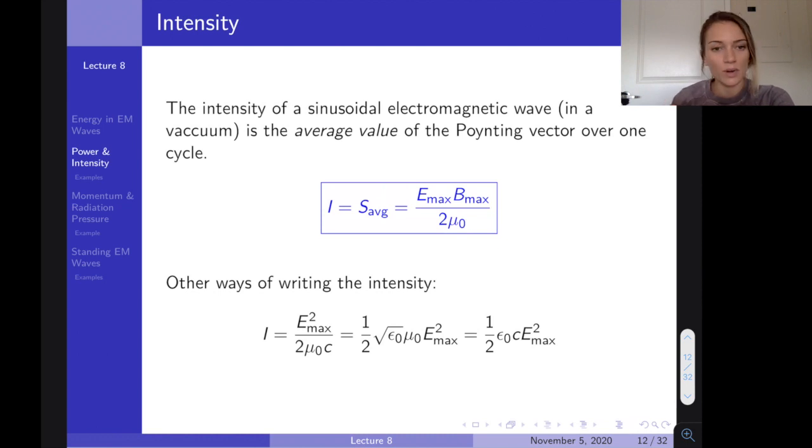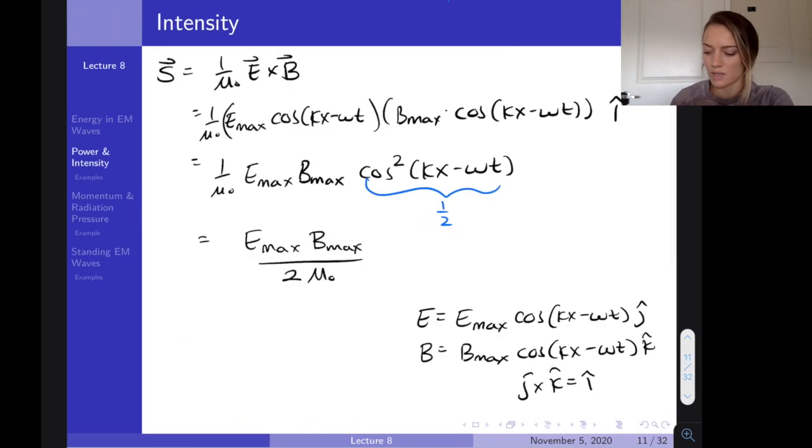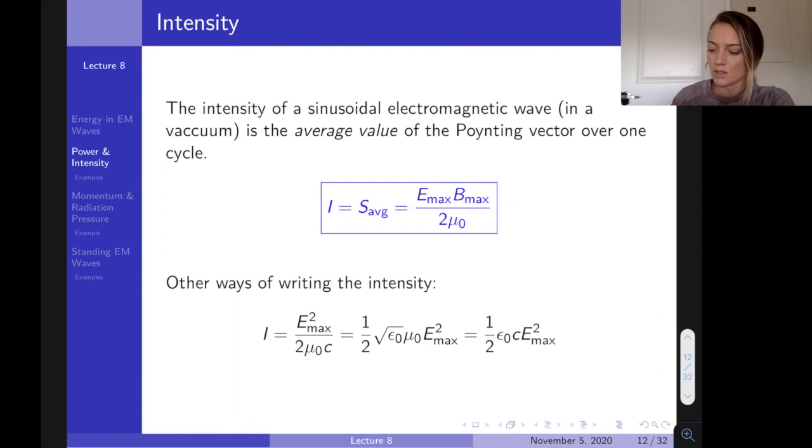This is important: that's for a sinusoidal electromagnetic wave, because I obviously used the time average value of cosine squared here, so I assumed that these were sinusoidal. So for a sinusoidal electromagnetic wave, the average value of the Poynting vector is the intensity of that wave, and it's given by the amplitude of E and the amplitude of B, divided by 2 mu naught.